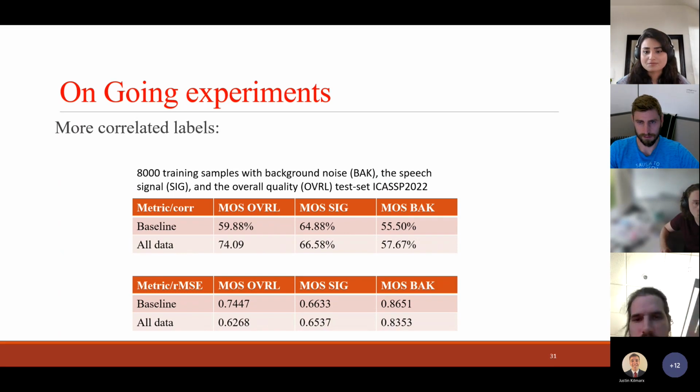Sorry, my network dropped. We actually only had 8,000 training samples that included all three labels, and there's some error, which I'm now trying to figure out with Teams, about why those labels are missing.